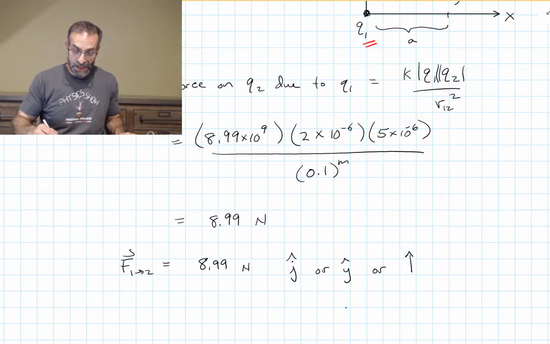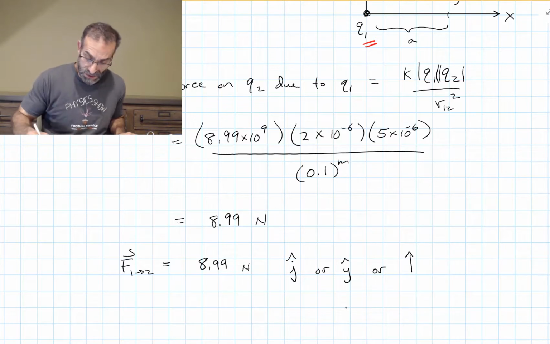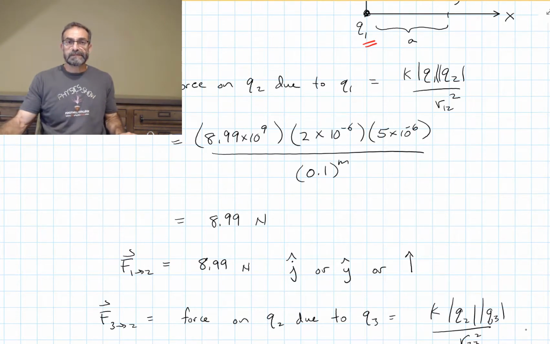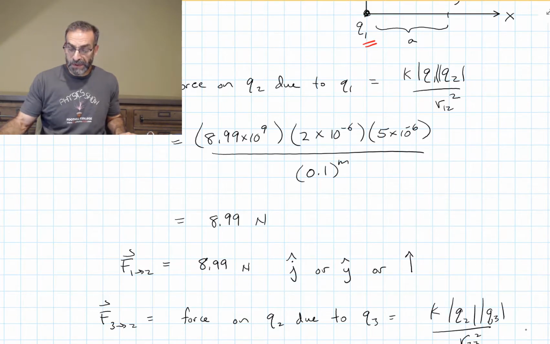Now we do the same thing for the force from 3 acting on 2. And the force is K, Q2, Q3 over the distance between Q2 and Q3 squared.